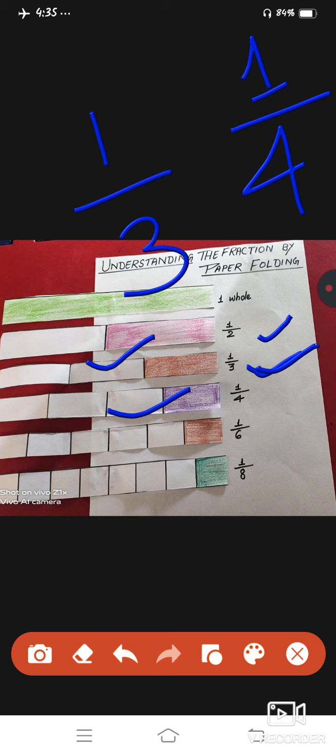Now let's take the next strip. Here we are going to fold it into 6 equal parts. For this, first we will fold it into 3 equal parts, then fold it in the center to get 6 parts. Now let's shade one part, 1 out of 6. Then what is the fraction associated with this shaded part?